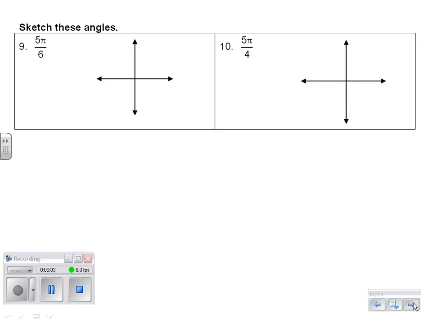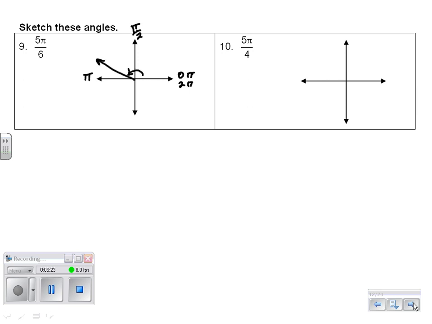Now, sketching angles. Remember this is 0 pi, this is 1 pi, and then we're back at 2 pi. 5 pi over 6 is less than 1 pi, but it's greater than 1/2 pi. This is 1/2 pi, so 5 pi over 6 is about right there.